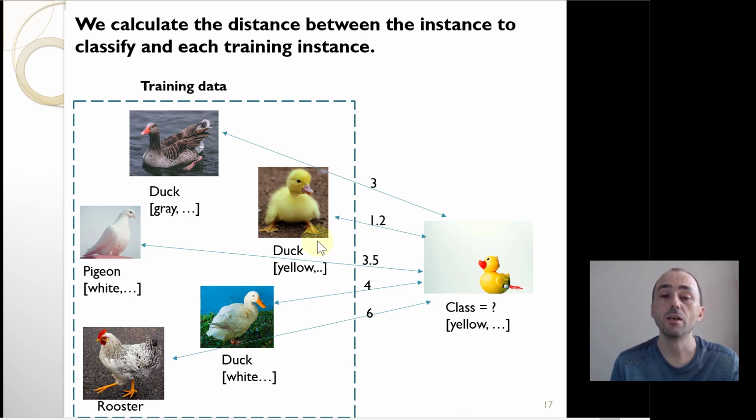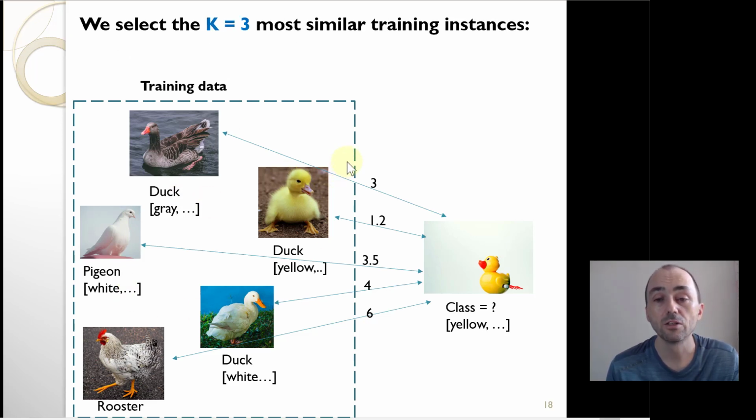Okay. So now we set k equal 3. We want to find the 3 objects that are the most similar, the 3 instances in the training data. So if we set k equal 3, as I said, we want to find the k equal 3 most similar training objects or instances.